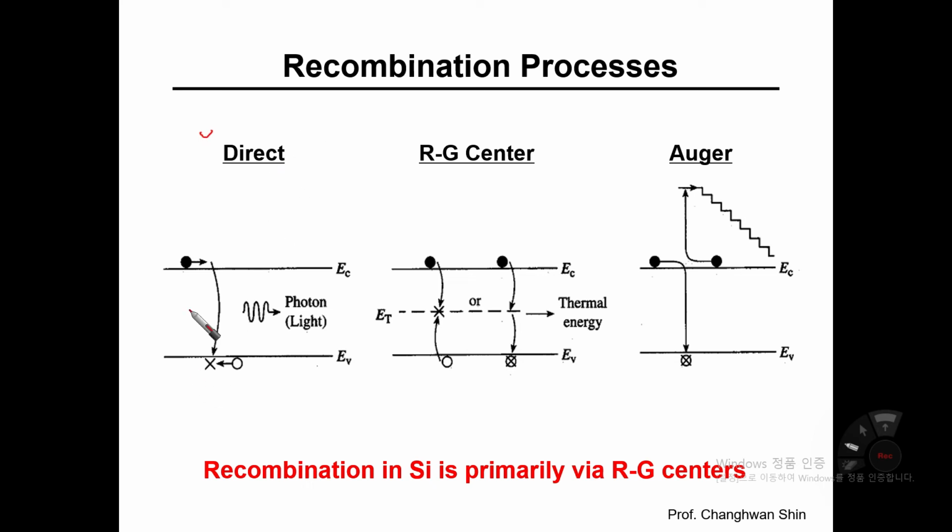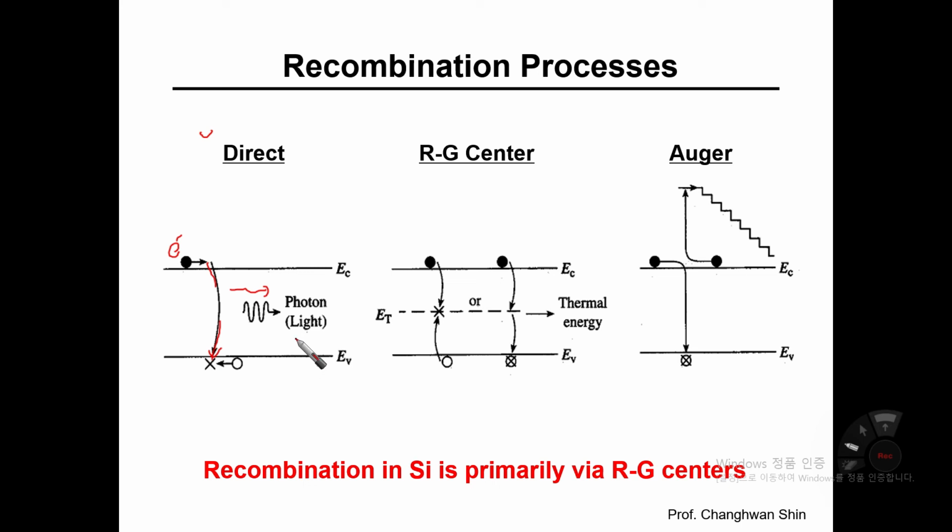Direct means an electron in the conduction band meets a hole in the valence band, and those two carriers, electron and hole, are annihilated and recombined together. As a result of this recombination, energy is supplied to the outside. But what kind of energy can we get from direct recombination? Well, it depends. In some cases it would be light. In some cases it would be thermal energy.